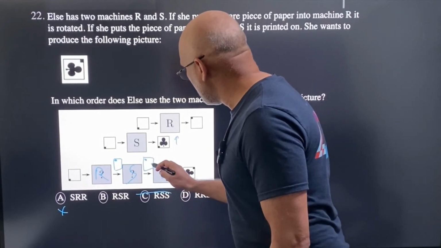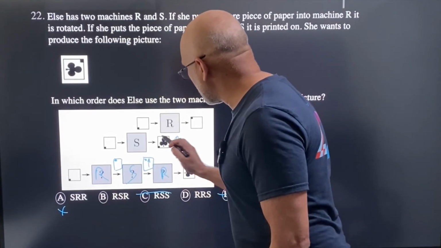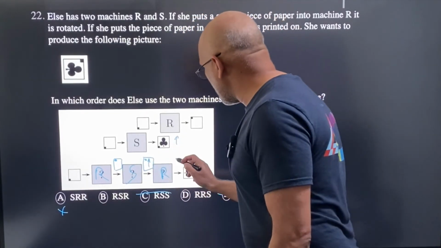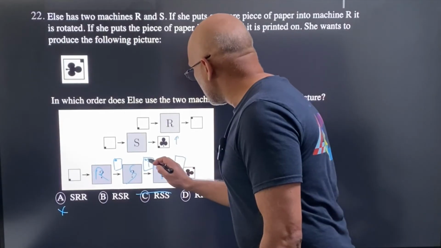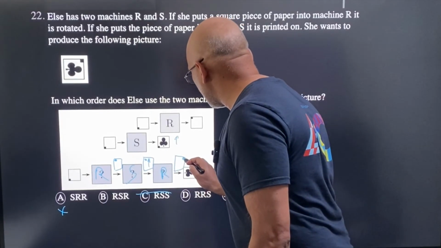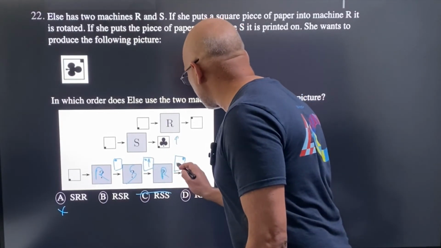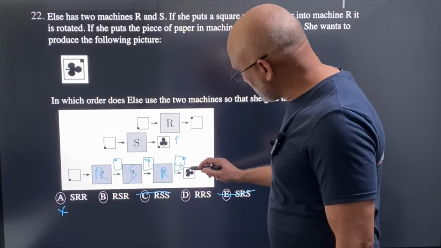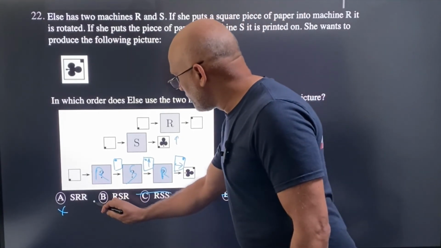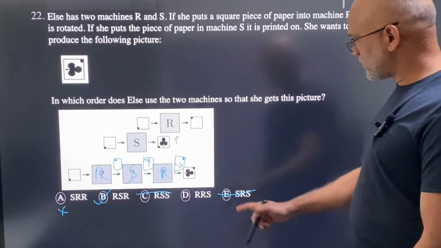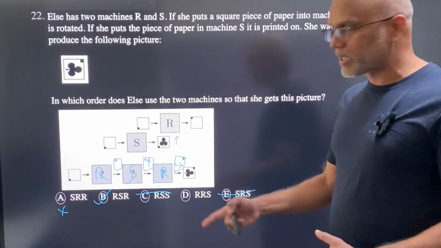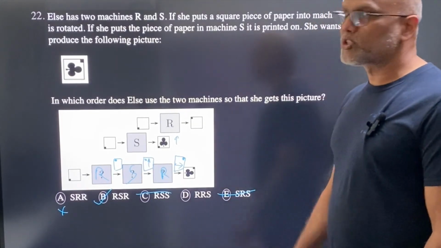When I print, it gets printed like this, right? And then I rotate it again. So this gets rotated here, and then this gets rotated one time. So this is the same as this. Then B is the correct choice. You can just double check D and make sure that that is not the right choice.